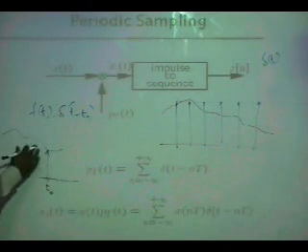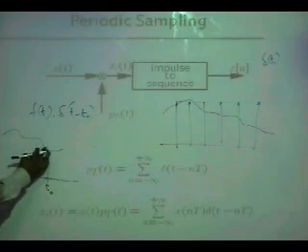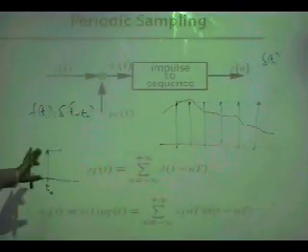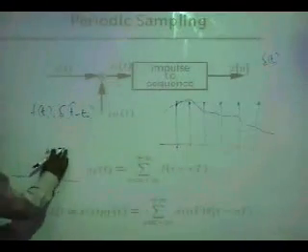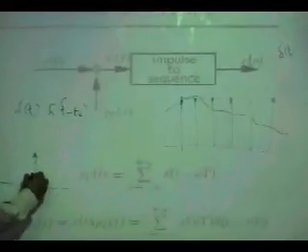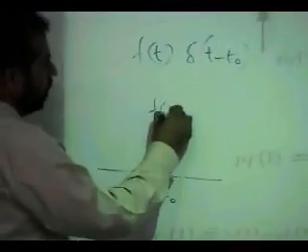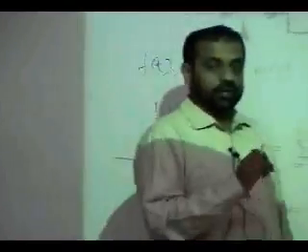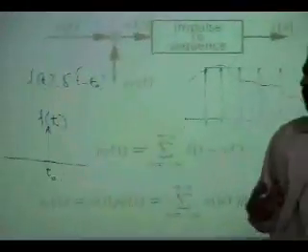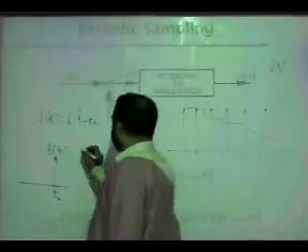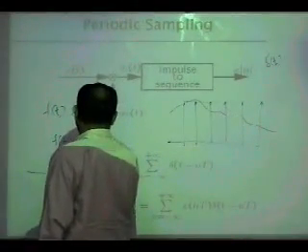So something multiplied by 0 is 0, so I'll remove that. At the location of the impulse, the magnitude changes to f of t naught. This is the magnitude of the function at time t naught, and the impulse remains as is.